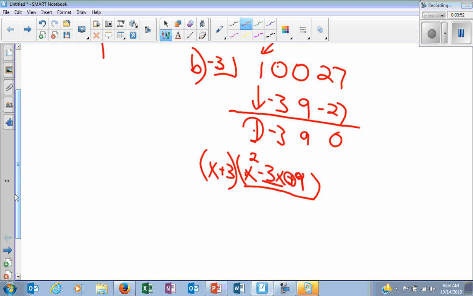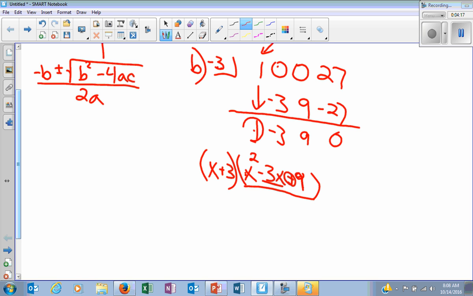So when all else fails, what do I have to use in order to try to find roots? Quadratic equation. Opposite of b, plus or minus the square root of b squared minus 4ac all over 2a. The reason we showed you this before we got to this lesson is so you could use it.